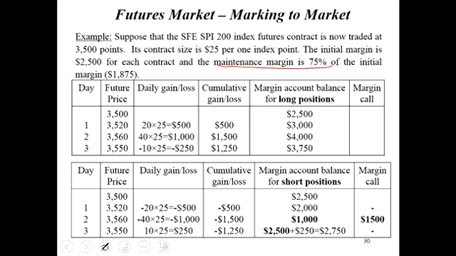Even if you get a big drop, say in this case it was a long position, they wouldn't go negative on a single day's price movements. That's how we set these things. So in terms of protecting themselves against default risk, they set that margin at such a point that a trader will not be wiped out on a single day.